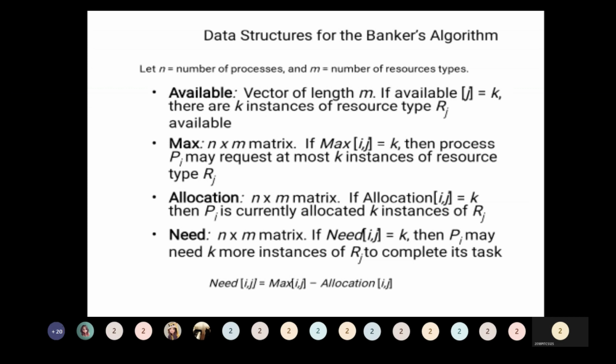Next, max. Max is an n cross m matrix. If max[i][j] equal to k, then process Pi may request at most k instances of resource type Rj.